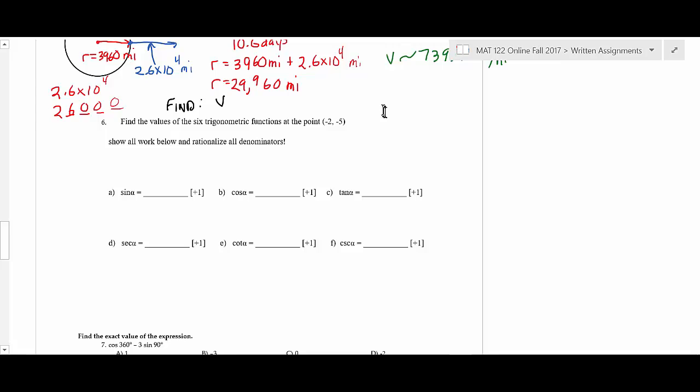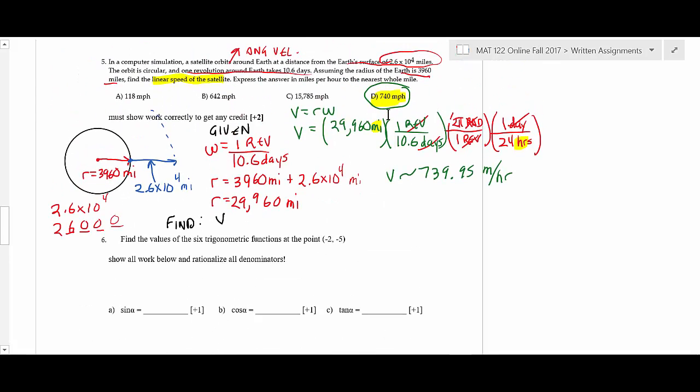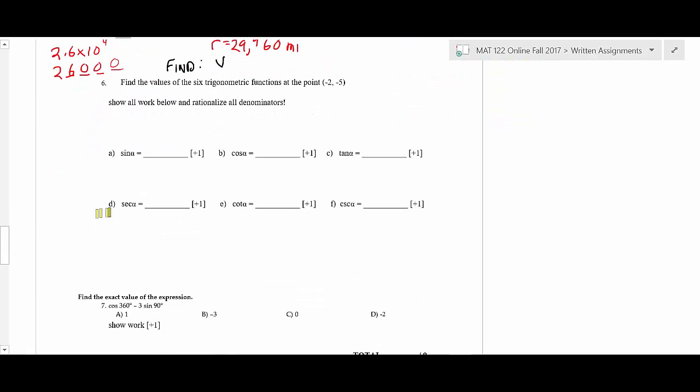Okay, next problem. We're looking at finding the values of the 6 trig functions. What we'll have on this is, if you're given a point, really what you need to show me is that you've been given x is -2. You've been given y is -5, so you have to find r.